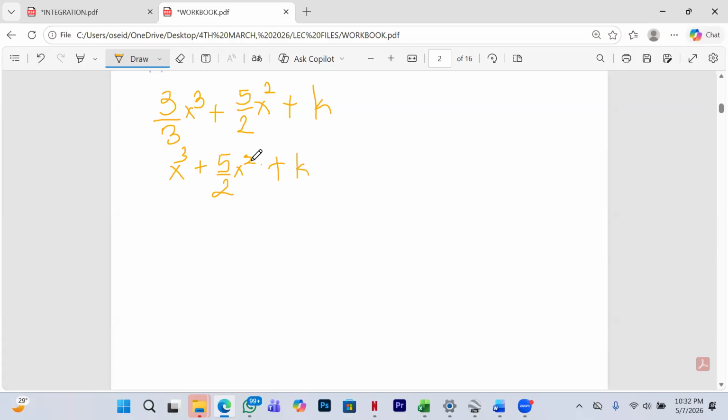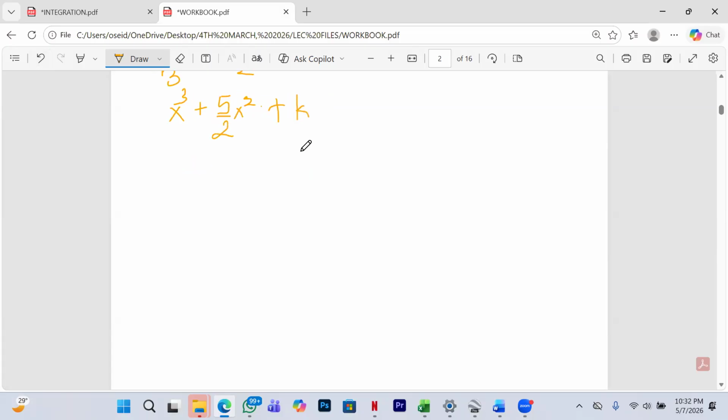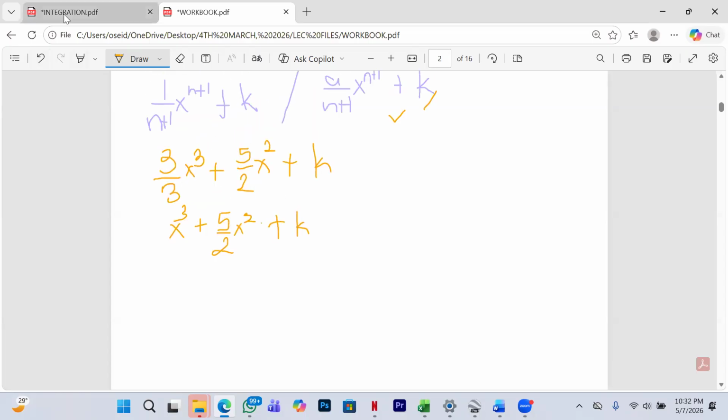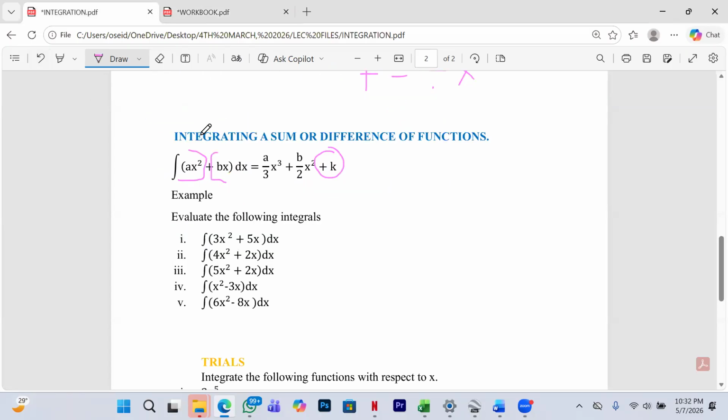That's the first solution, the answer to the first question. Let's move on to the second one. You are done with this. The second one says the integral of 4x squared plus 2x dx.